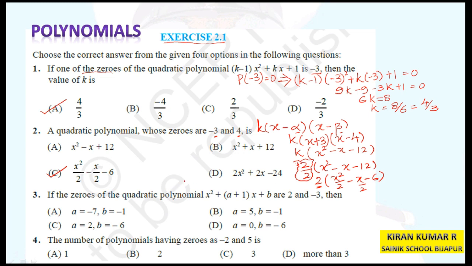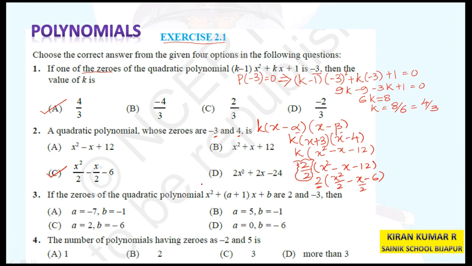Look at the third question. If the zeros of the quadratic polynomial x square plus (a plus 1) times x plus b are 2 and minus 3, then the values of a and b are. In this case, we need to find out the values of a and b.